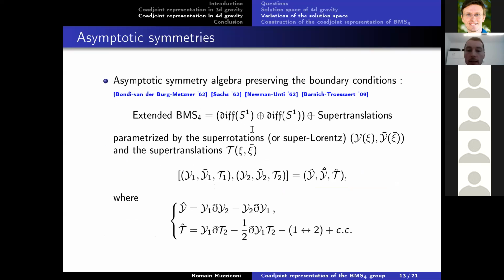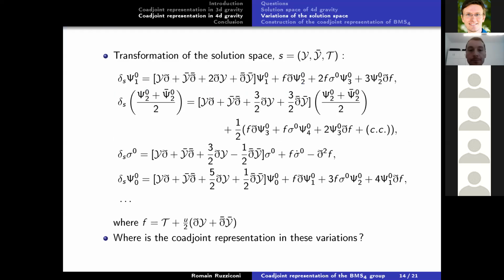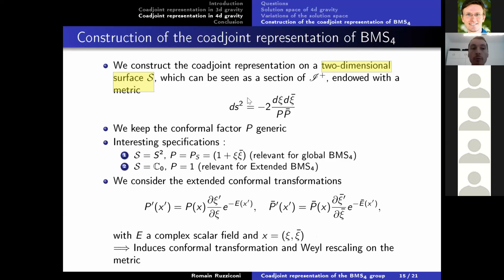It is because the algebra here can be expressed very naturally on this section of scri plus, because it's in terms of functions that depend only on psi and psi bar. And we will endow this 2-surface with a 2-dimensional conformal metric, which can be seen as the induced metric on the space-time boundary.